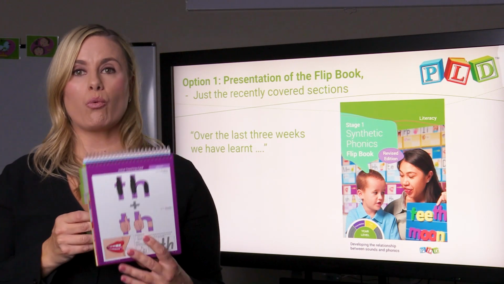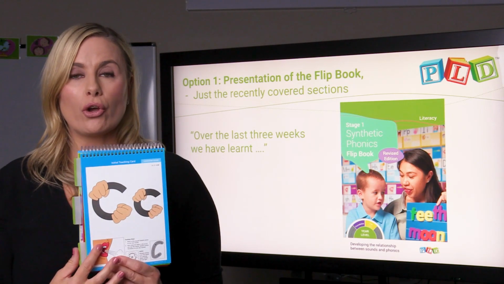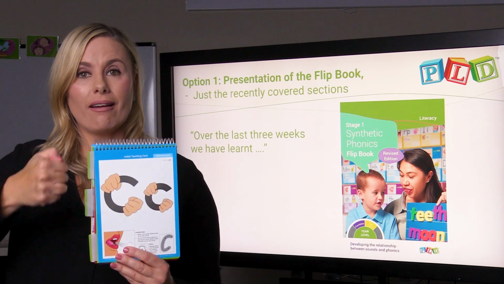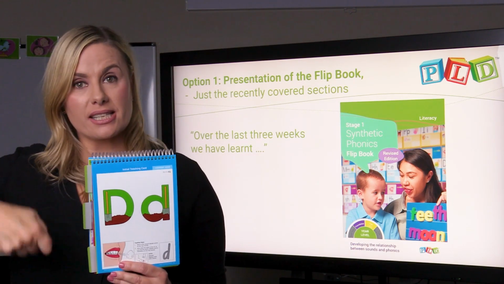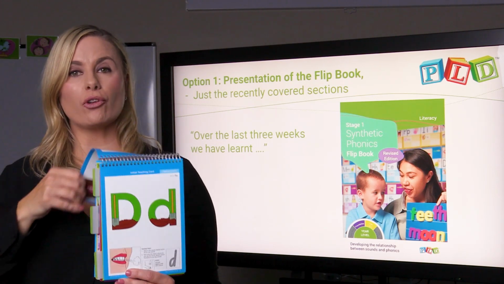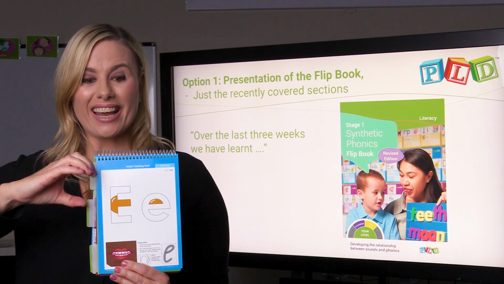Group 3, we have been looking at our Group 2 alphabet sounds. We have learnt that the letter C makes the sound K, as in car. We have learnt that the letter D makes the sound D, as in dig. We have learnt the letter E makes the sound E, as in egg.